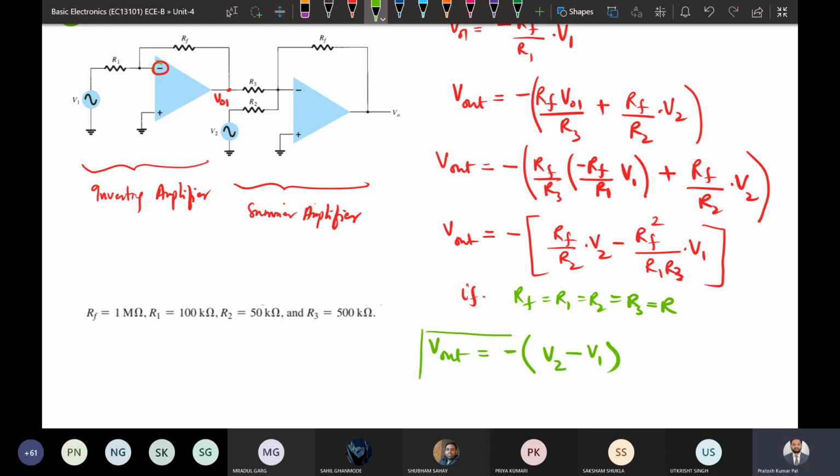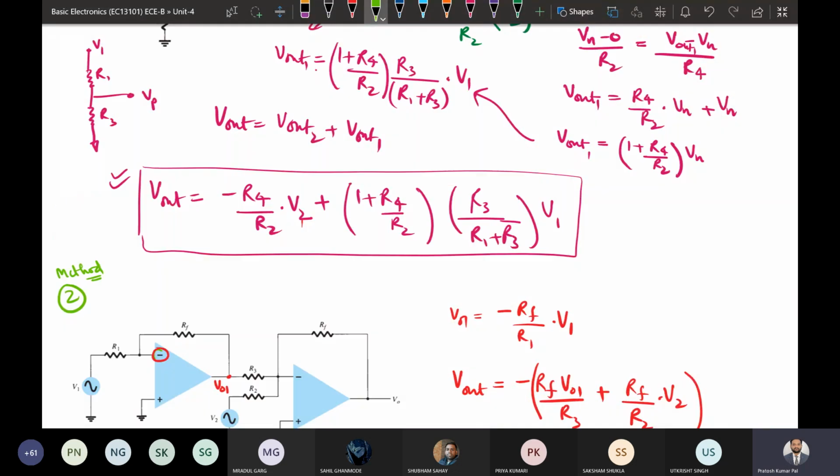So this is how the output we will get if all the resistances are equal to R: with the negative sign, it is V2 minus V1. So it is doing the subtraction. Subtraction is being performed between the given two inputs. This is one type of analysis to do the subtraction by using the operational amplifier. In the previous one also we can get the ratio, so the V output concept will be like V1 minus V2.